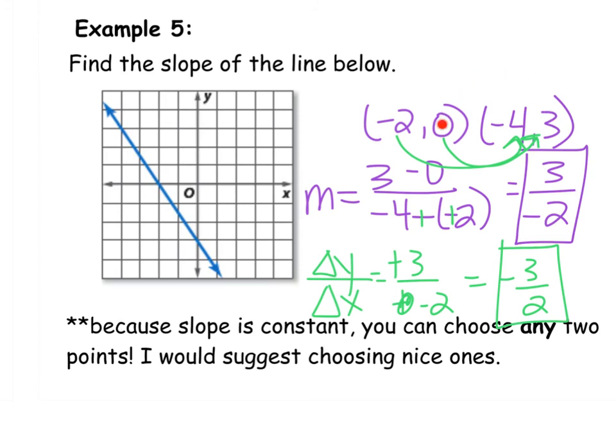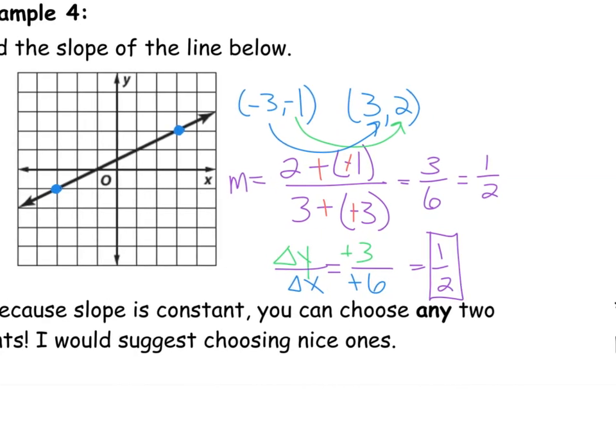So how do I get from 3 to 0? Subtract 3. How do you get from negative 4 to negative 2? Add 2. So that would have given you negative 3 over 2, which is the same thing as, like I said, 3 over negative 2. So your slope is negative in this one because we're going down from left to right. The previous one, we were going up from left to right, I think. Yep, so that was a positive slope.